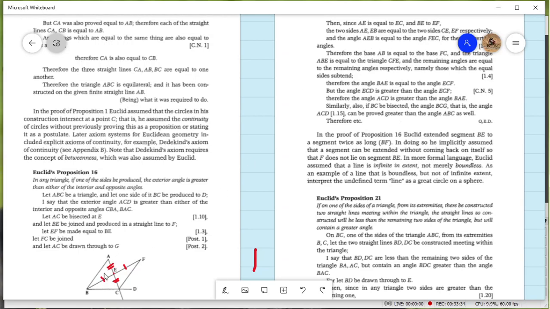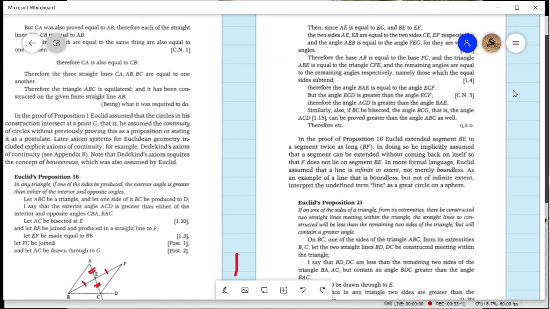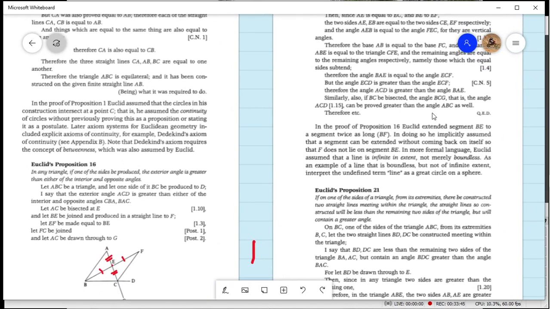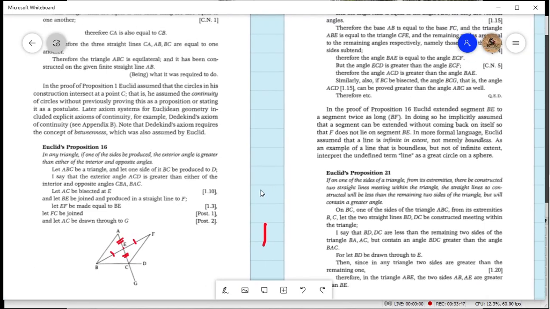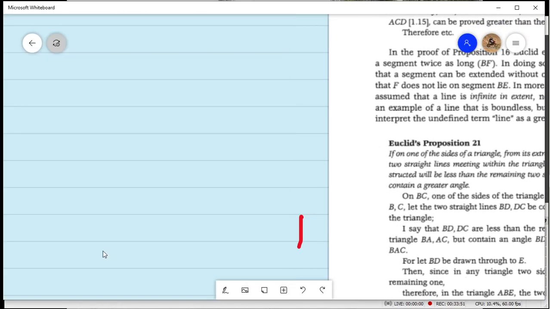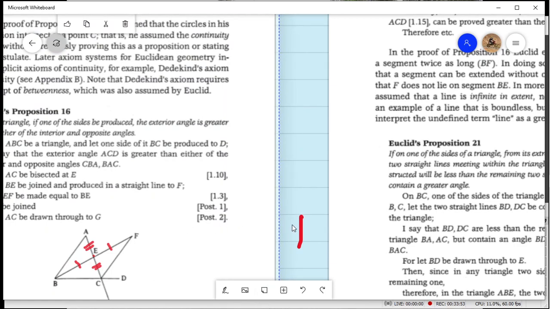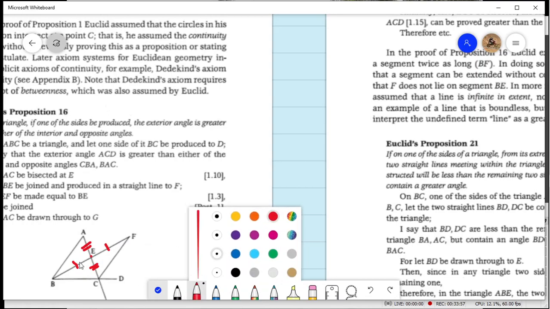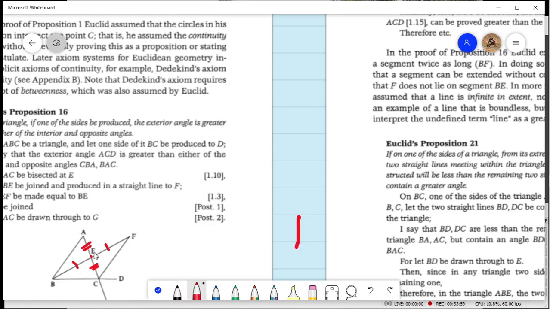So we have two sides of a triangle congruent to one another, but then proposition 15 asserts that vertical angles are congruent, meaning this angle here should be congruent to this angle.